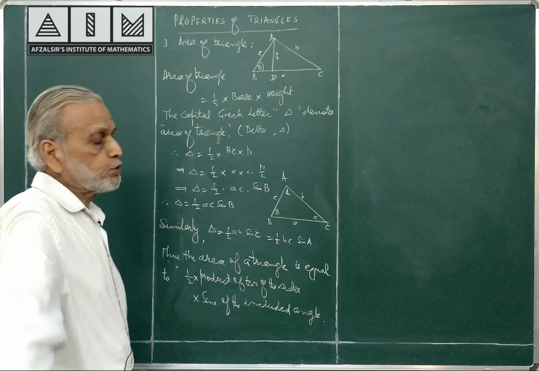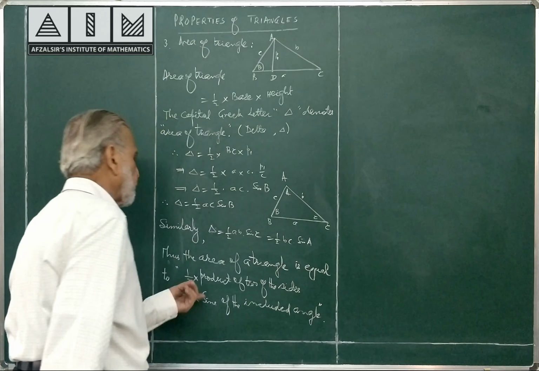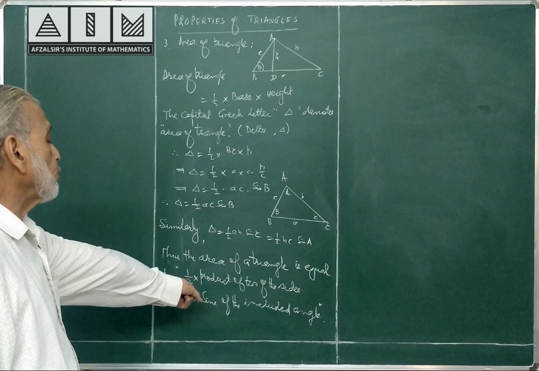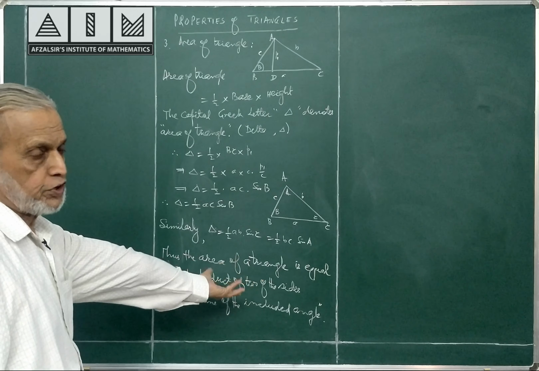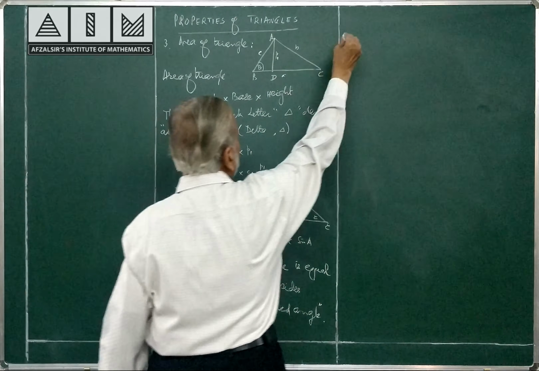In solving questions, we will use this also sometimes. I will show you and remind you of this one when I go to solve such questions. Area of triangle is equal to 1 by 2 product of two of the sides, any two sides, into sine of the included angle. Therefore, now what we have done, please see here.